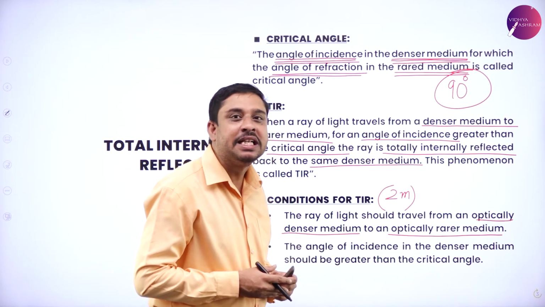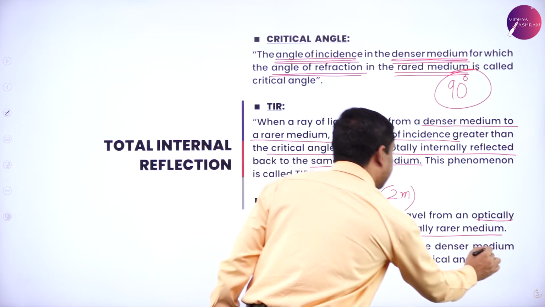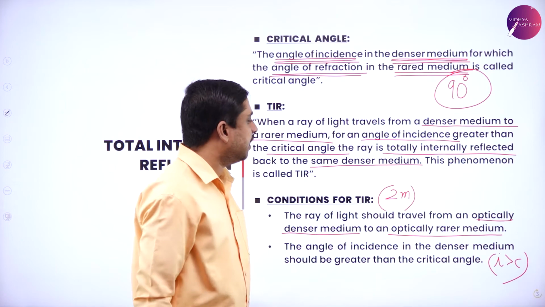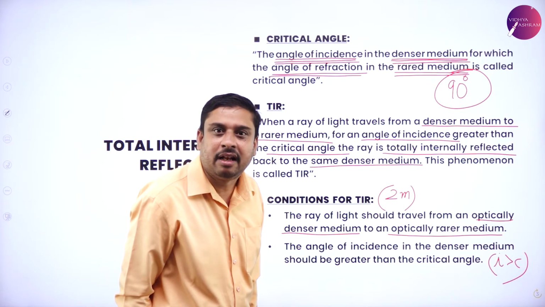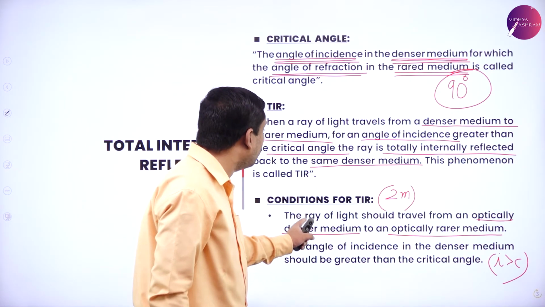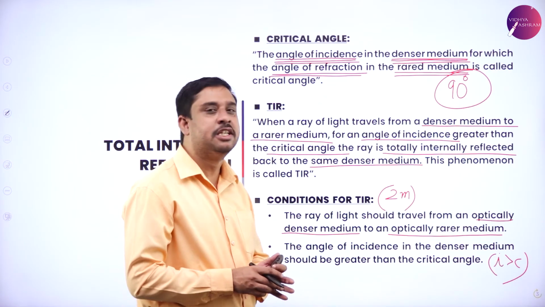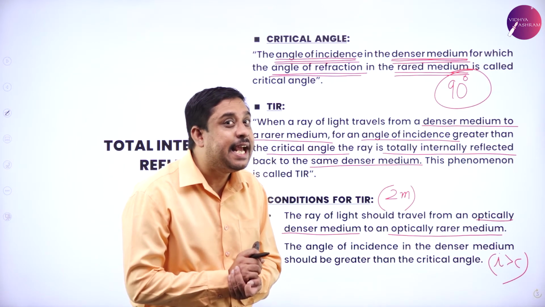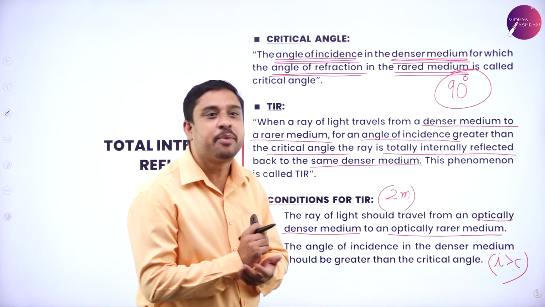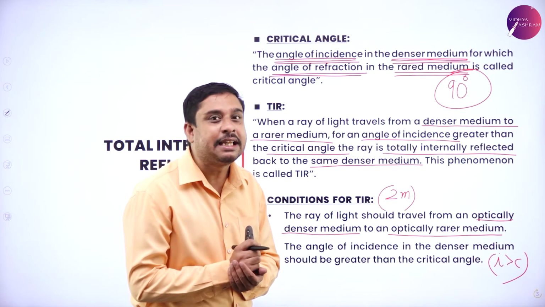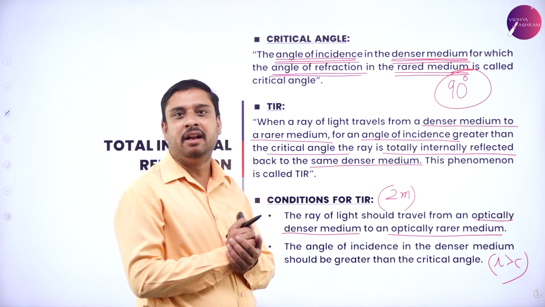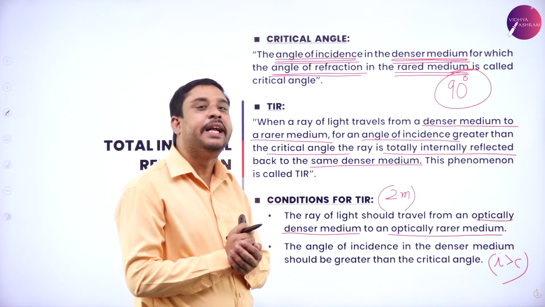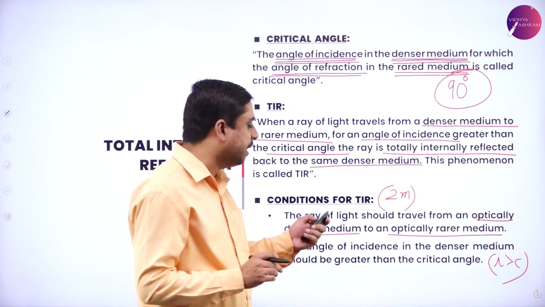The angle of incidence in the denser medium should be greater than the critical angle. So these are the two necessary conditions for TIR. Angle of incidence in the denser medium should be greater than critical angle. Ray of light should travel from denser medium to rarer medium.